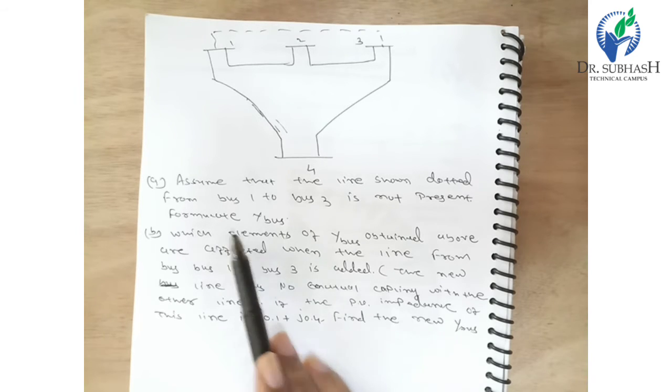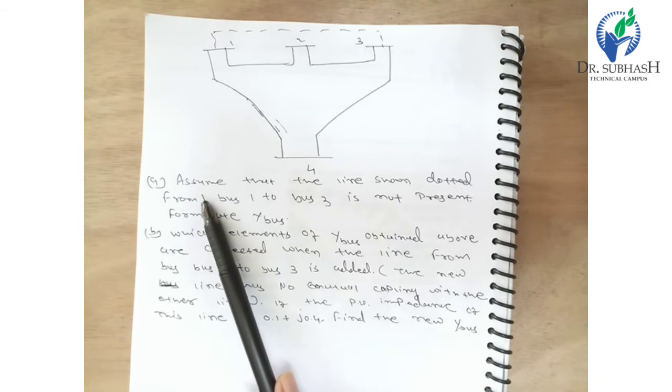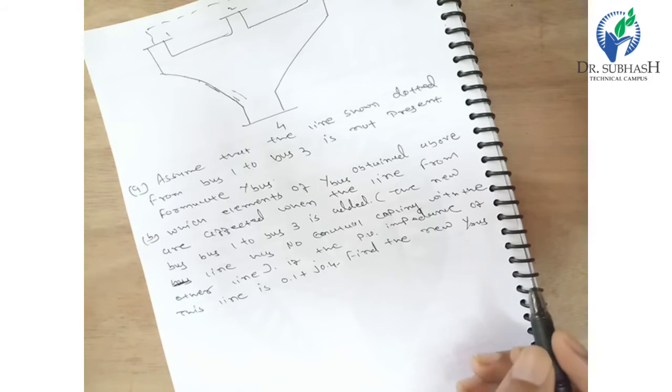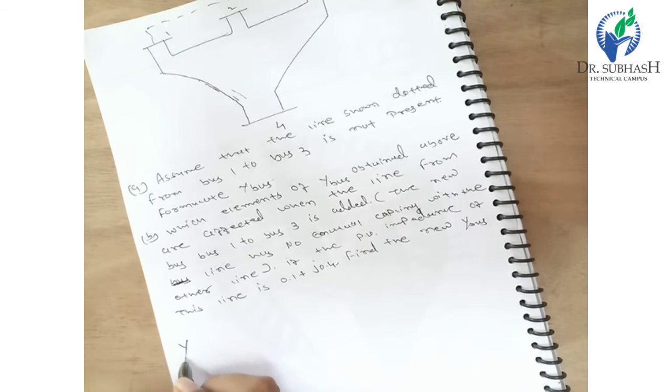First of all we should find the Y bus neglecting the line from bus 1 to bus 3, and then after, when we add the line of bus 1 to bus 3, we should find the value of the new Y bus system. For the formulation of this given network, we should find the admittance Y11.